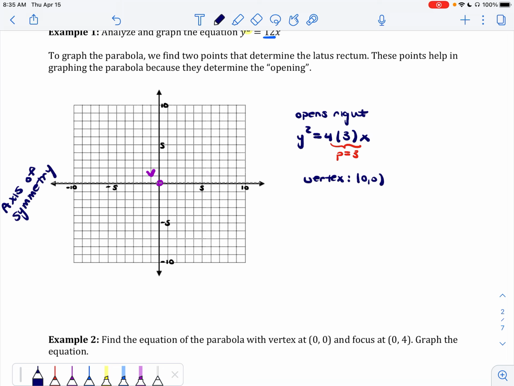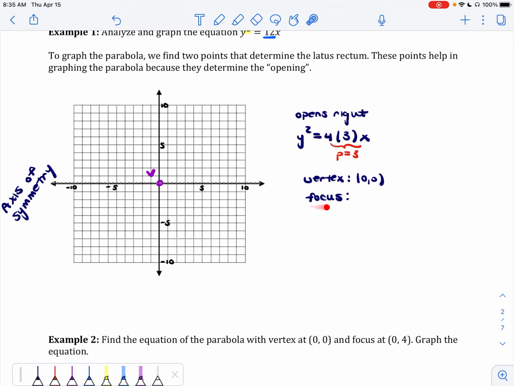So then from the p-value and the location of the vertex, we can figure out the focus, the directrix line, and the latus rectum. First I'm going to work on the focus. Remember p tells us the distance from the vertex to the focus.